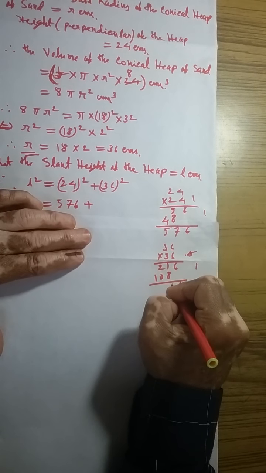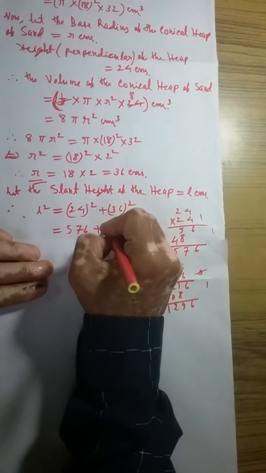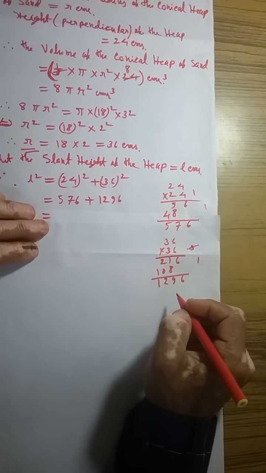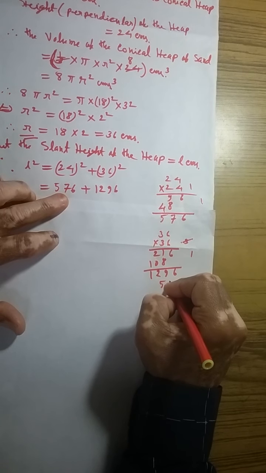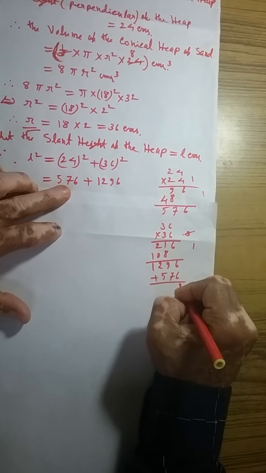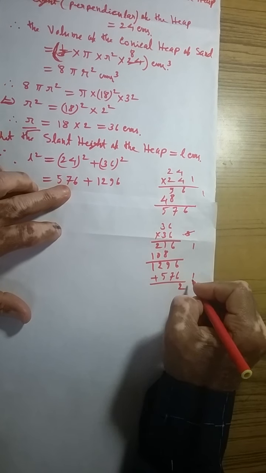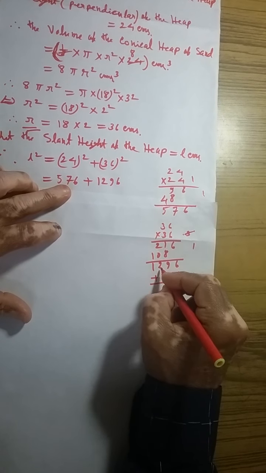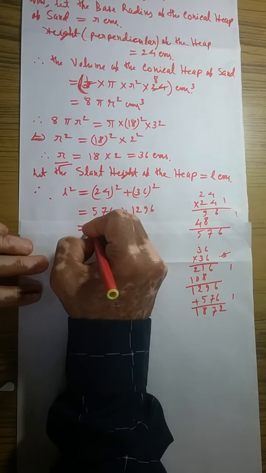So 6 here, 9 here, 2 here, 1: 1296. Now we have to add these two numbers, 1296 and 576. If we add, 6 and 6 are 12, 7 plus 9 is 17, 5 plus 2 is 7, 8, 1: 1872.